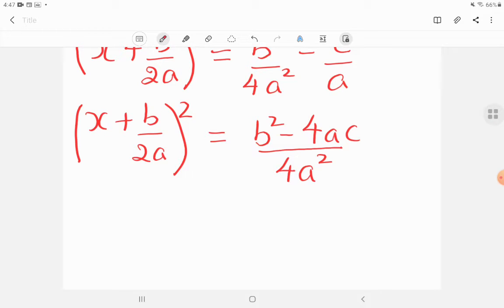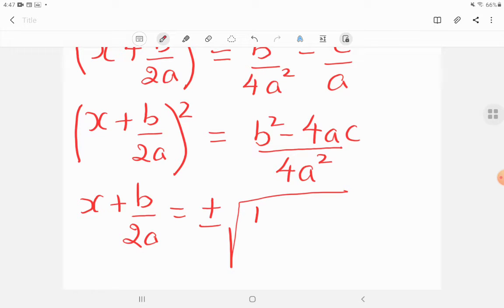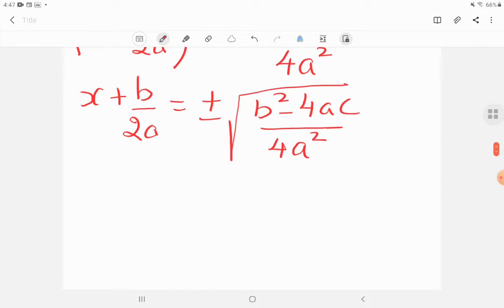Since it is squared, when you take the square root on both sides, x plus b over 2a becomes plus or minus the square root of b squared minus 4ac divided by 4a squared. Now we need only x on the left hand side.